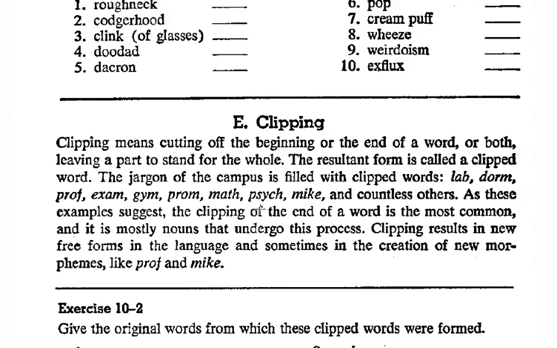We can cut from the beginning of the word, we can cut from the end of a word, or sometimes we can cut both ends, from the beginning and from the end. The idea is that when you cut, you must leave a pronounceable part of the word.